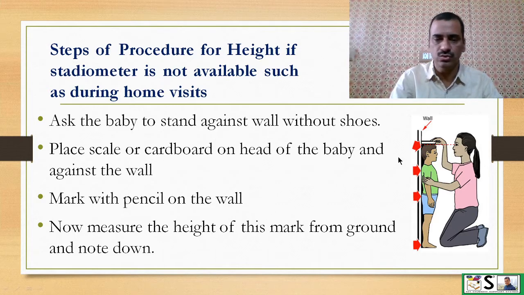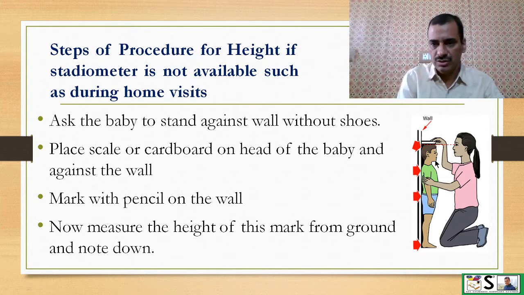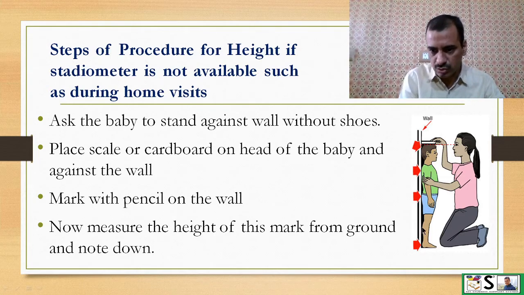Then we ask the baby to move to one side, and then we measure with the tape measure from this mark to the floor. So this will be the height of the baby.